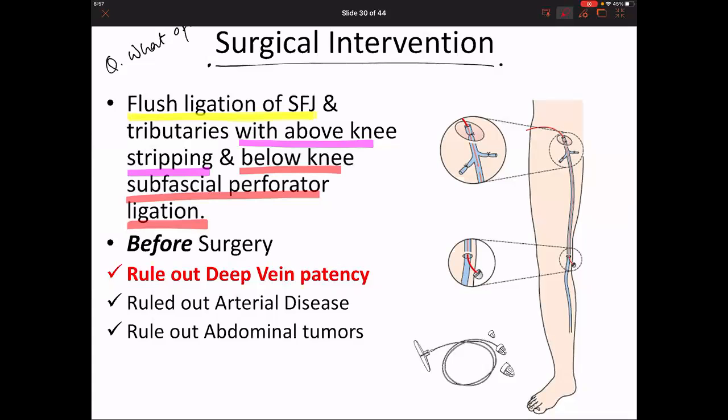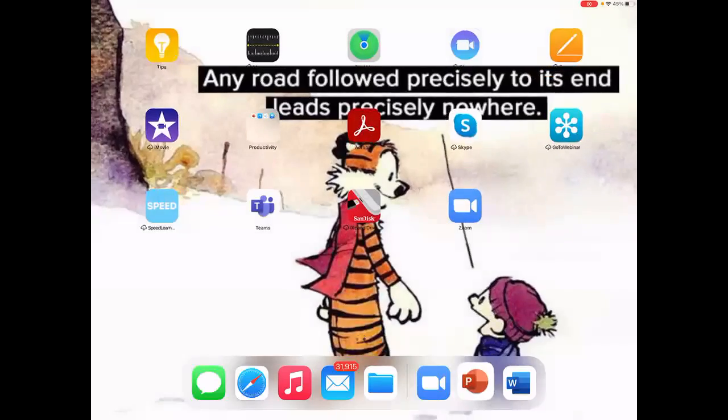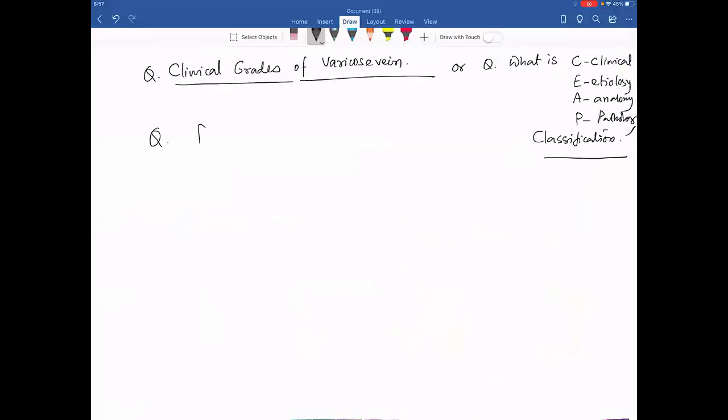Good. If you have completed, the only question to ask is, what do you mean by the term flush ligation? Now everyone can write about this. What do you mean by the term flush ligation?